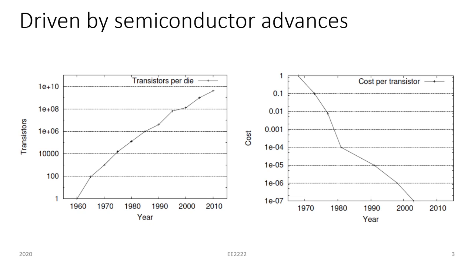So the number of transistors that we can fit in a single chip die, for example, has increased a lot, and also cost per transistor has gone down significantly. So the combination of these two factors has resulted in us being able to build such system on a chip type devices.